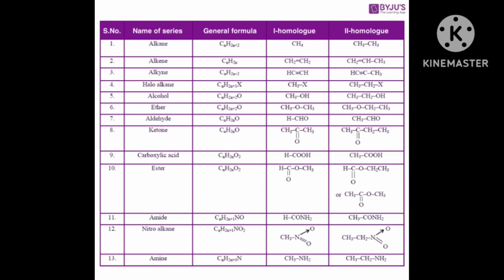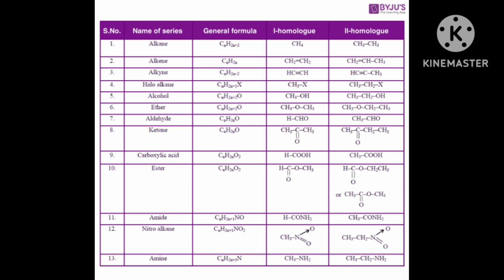A group or series of organic compounds, each containing a characteristic functional group, forms a homologous series, and the members of the series are called homologues.